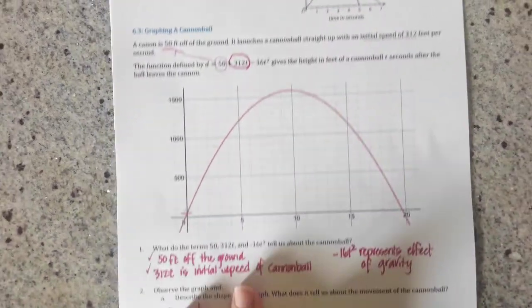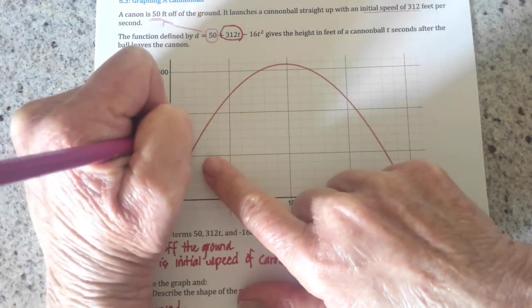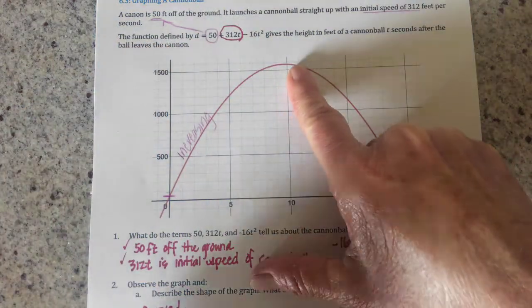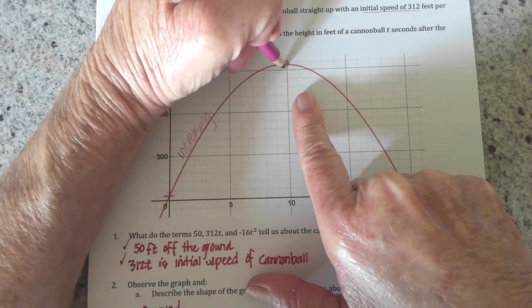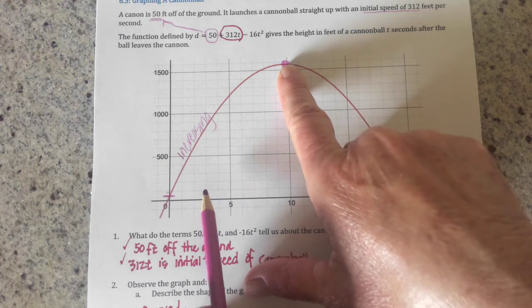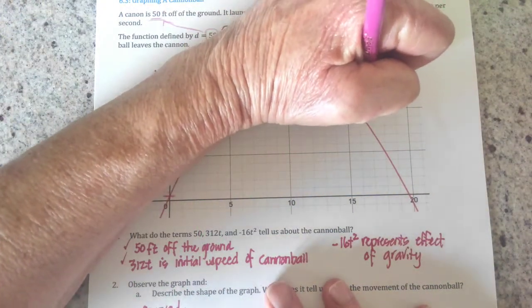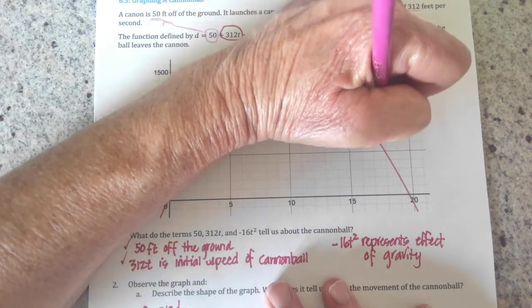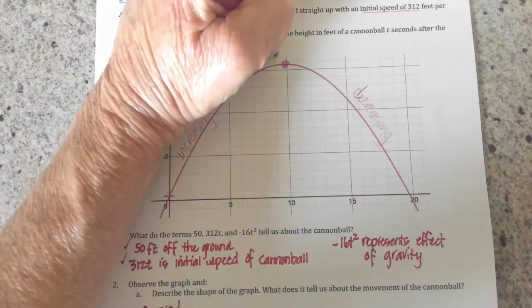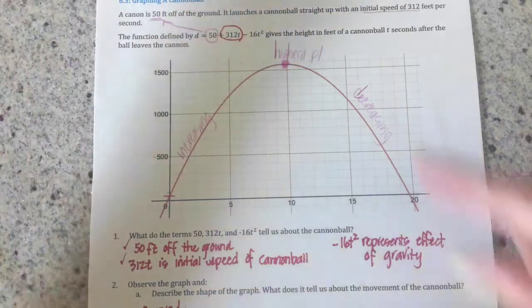We have the same thing here. This is the increasing side of my graph, and then it reaches this maximum point right here, where it stops, kind of, and then it starts falling back down, and this is my decreasing part of my graph. This highest point has a special name.